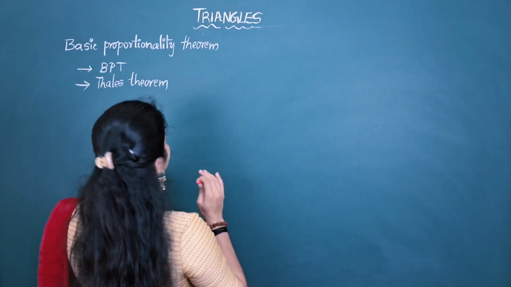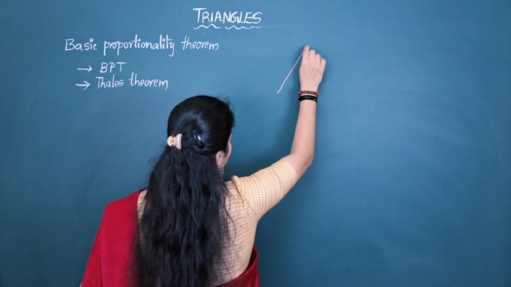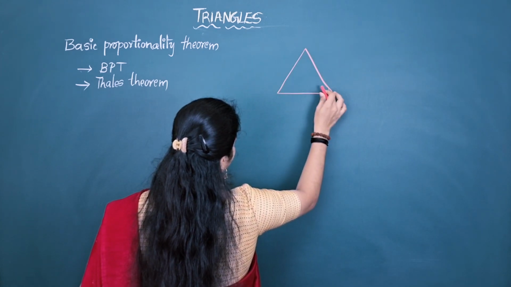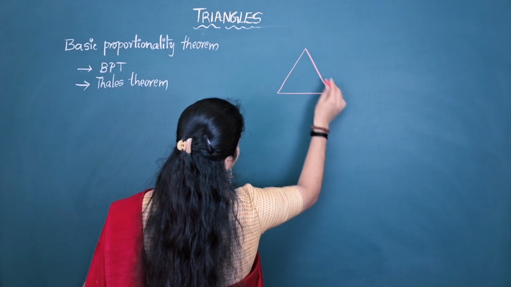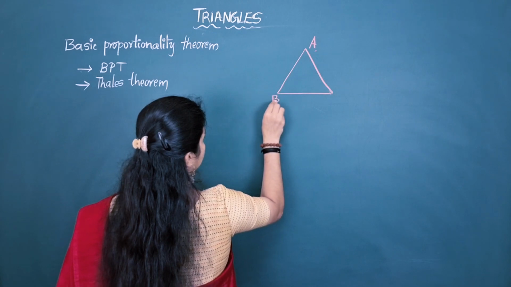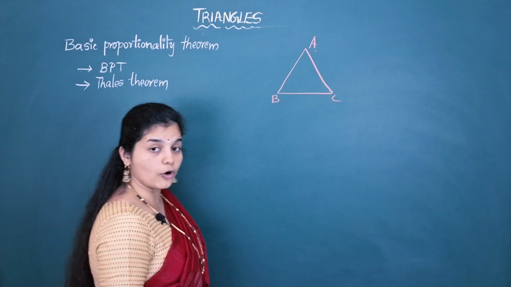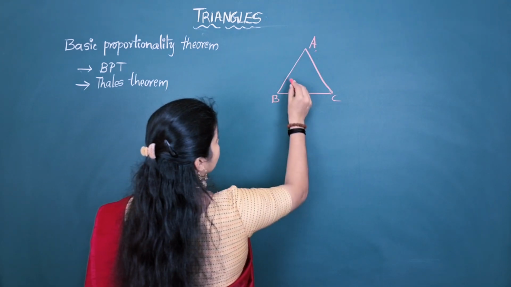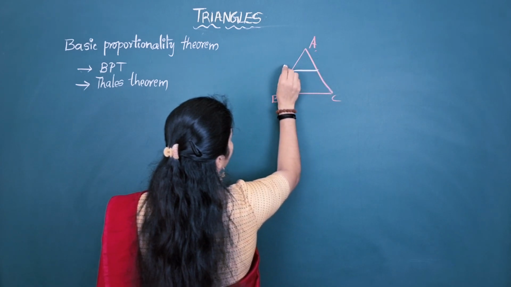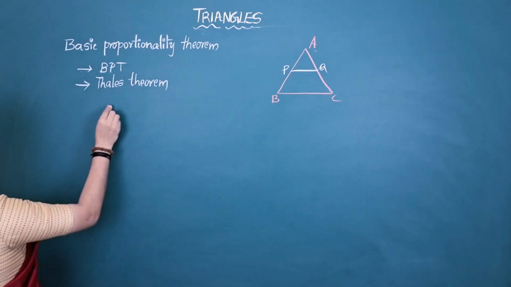So here what it tells is very important. See, we have a triangle ABC. Now if you draw a line that is parallel to any one of the sides, here I will draw a line PQ that is parallel to one of the sides of the triangle.